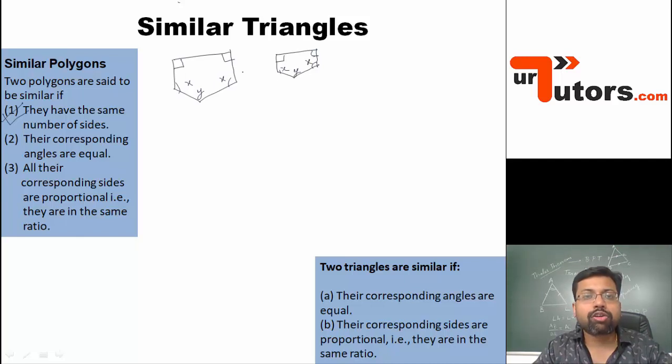So if these angles are also the same, so the corresponding angles are equal, which is true in this case, and also if the corresponding sides are proportional, that is, they are in the same ratio. So if this side by this side is equal to this side by this side is equal to this side by this side is equal to this by this is equal to this by this, then these two figures will be called similar figures.